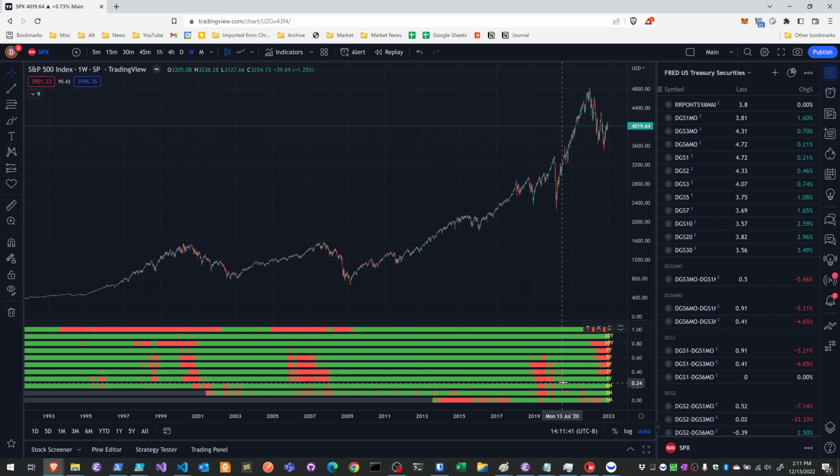And then we'll look at this section in here. Interestingly, the 30-year hadn't inverted, but we do see a lot of red here in the middle. This was pre-COVID, but you can see a lot of the inversion that was happening here kind of cleared up right around the time of COVID and QE.